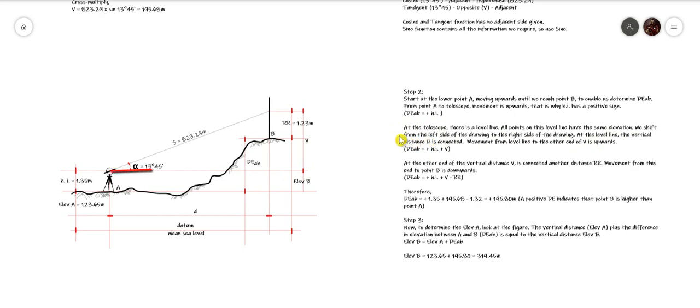We now move from the left side of the drawing to the right side of the drawing. At the level line, the vertical distance V is connected. Movement from level line to the other end of V is upwards.